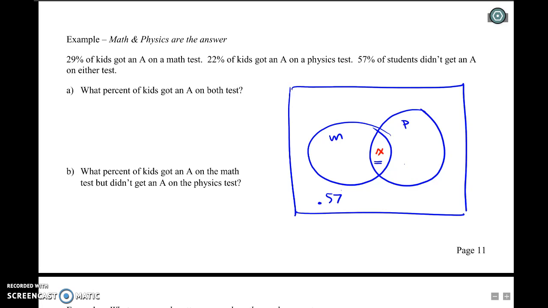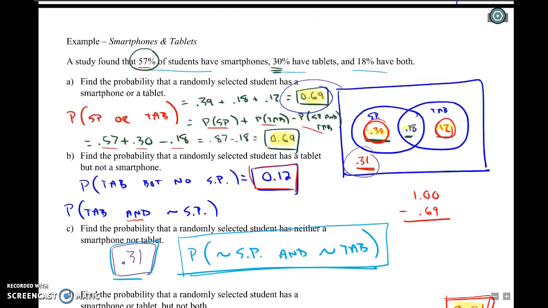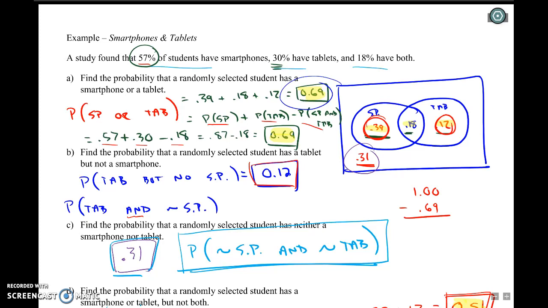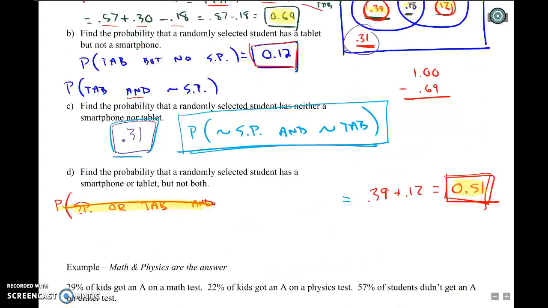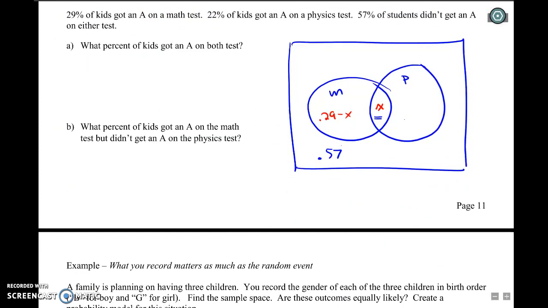If that's an x, then this is 29 minus x, just like I did here when this was 57 minus 18. And if this is x, then this is 0.22 minus x. And 0.29 minus x plus 0.22 minus x plus 0.57 has got to equal 1.00.